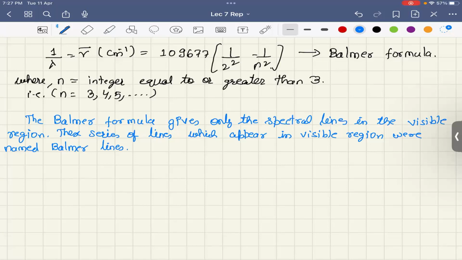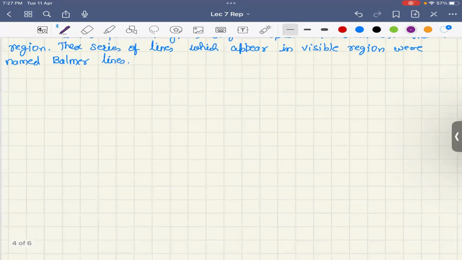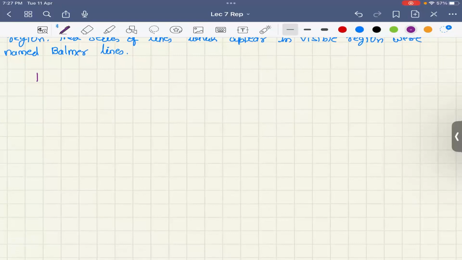Soon afterwards, a series of spectral lines of hydrogen atoms in different regions were discovered. These lines in different regions were grouped into 5 different series of lines, right? And each series was named after its discoverer. So let me write down the different spectral lines for hydrogen atom.